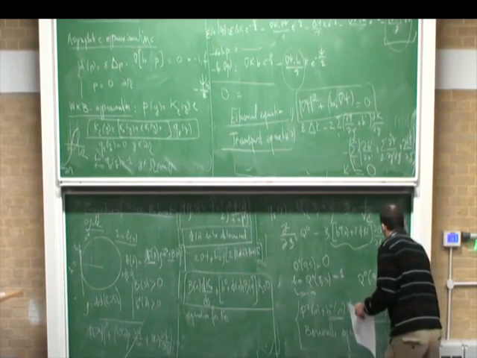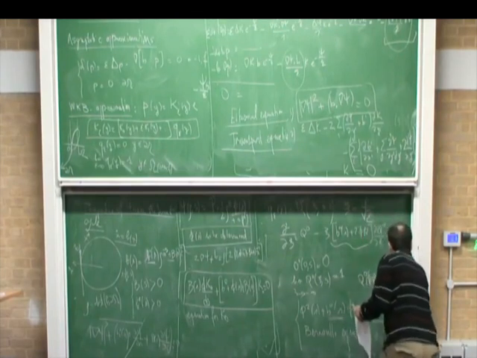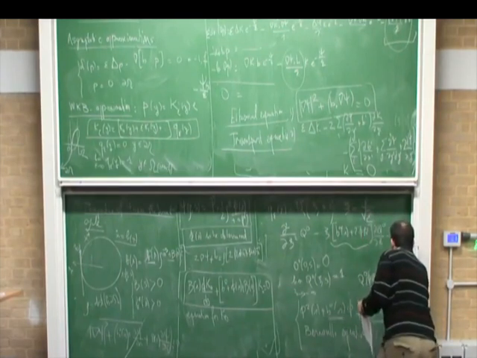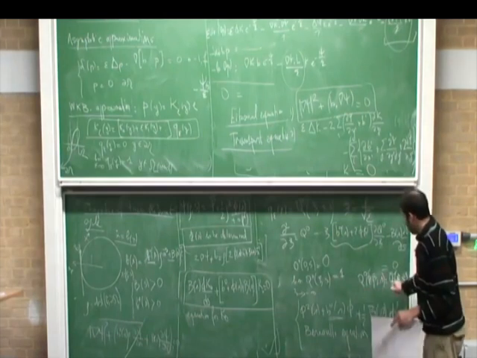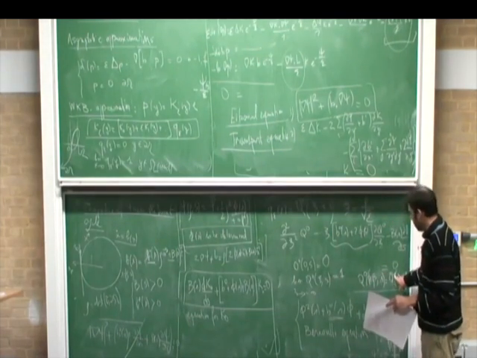So Q tilde of S is Q0 of phi of S, psi S.